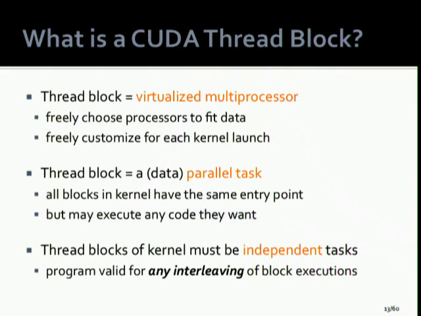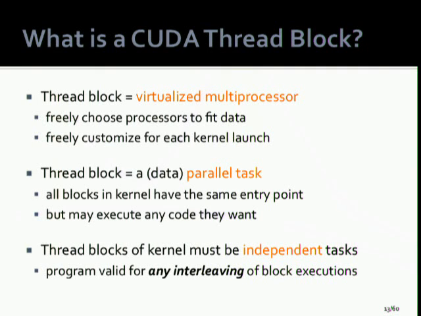And we talked a little bit about thread blocks before. I just want to revisit them. So a thread block you can think of as a virtualized multiprocessor. So when you launch your code, you don't have to think about, okay, how many cores do I have? Well, I'm going to launch exactly as many thread blocks as there are to fit the number of cores that I have on my machine.